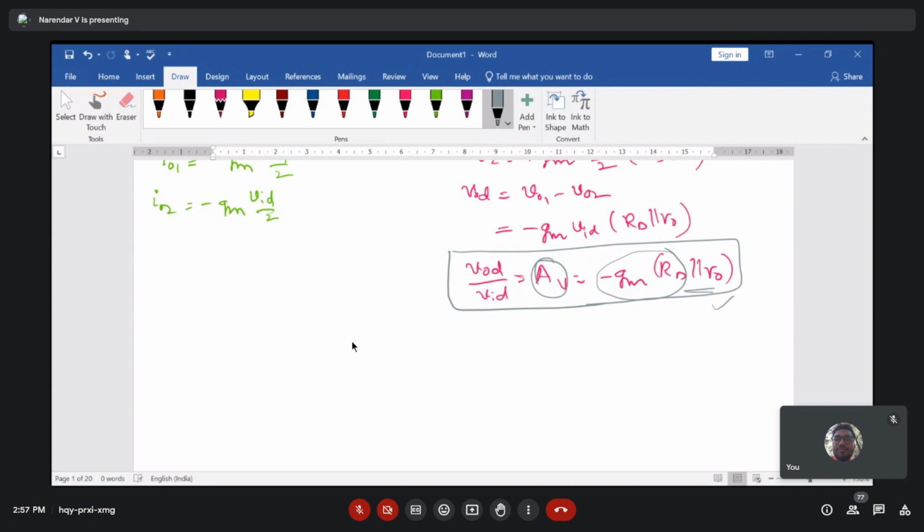And you can also do the single-ended output and then double-ended output for the calculation purpose. So what you have to do at home is you can consider that single-ended output analysis and apply the concept of half circuitry.